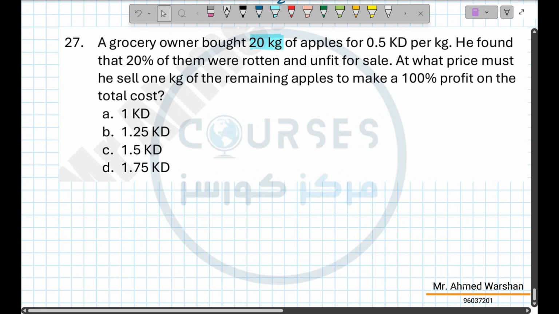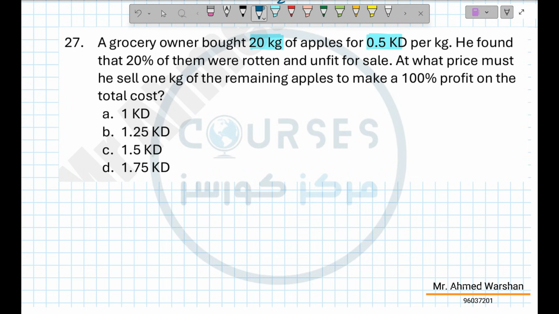20 kilograms, each kilo is 0.5. So what he spent, he spent 20 times 0.5, which is clearly 20 times half is 10. So he spent 10 kd.